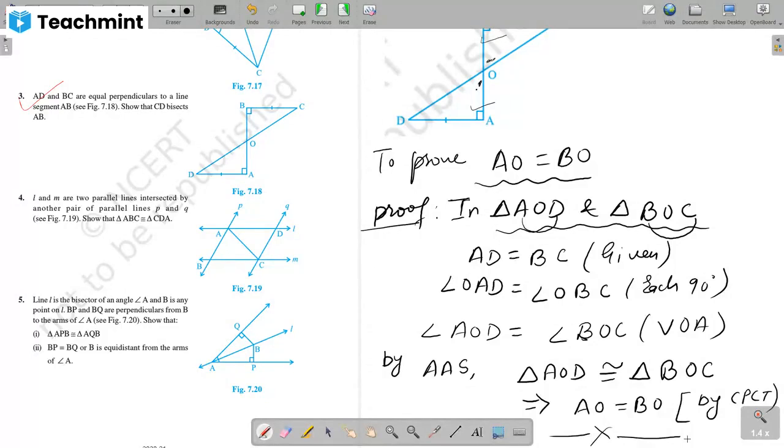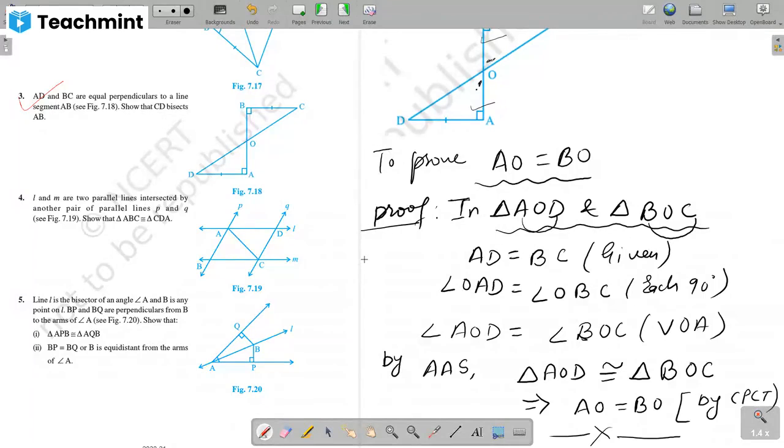We are only given that AD and BC are equal and perpendicular to the side AB. It seems that they are equal and actually it is a midpoint, but it is not given. We have to prove that it is the midpoint of side AB. Any other doubt?